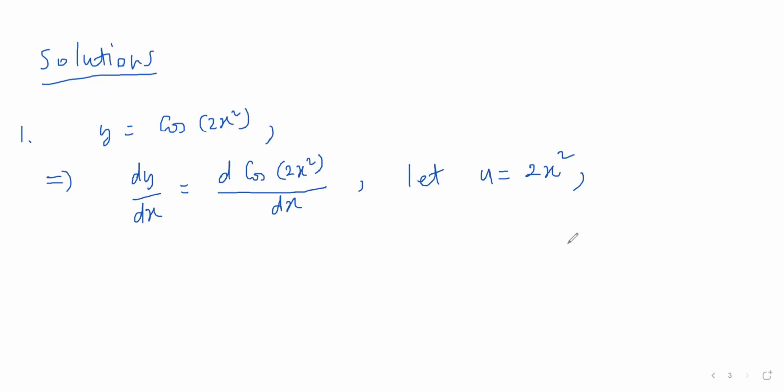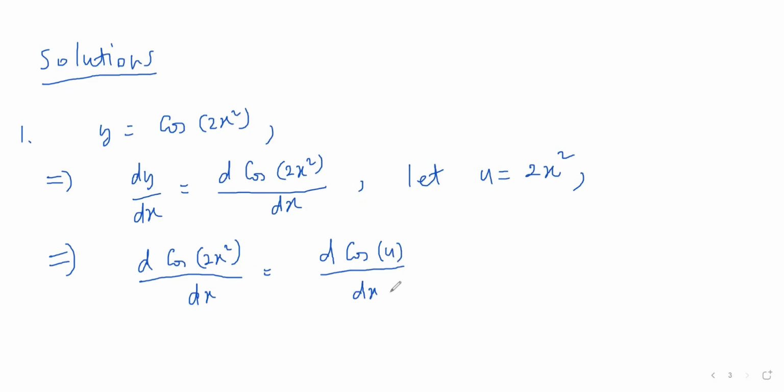So when we let u be equal to 2x squared, this implies that the derivative of cos of 2x squared with respect to x is equal to the derivative of cos u with respect to x.